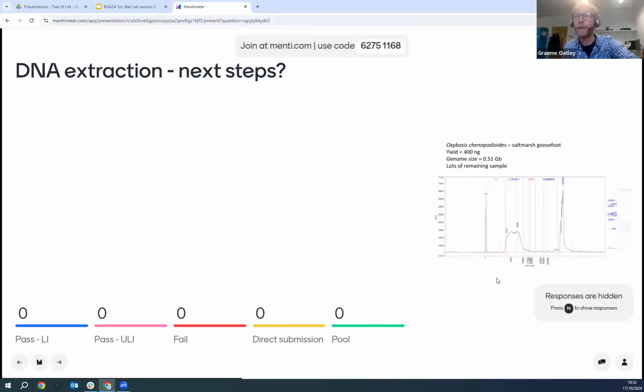And so what we have here is a little hump below around 10 kb, a trough of nothing, and then some really high molecular weight DNA, greater than 200 kb. So, what do people think about this?